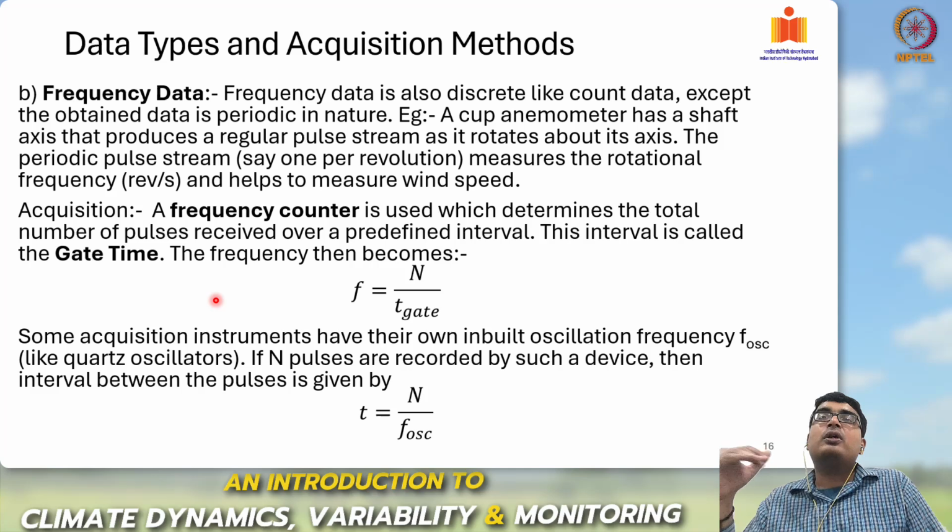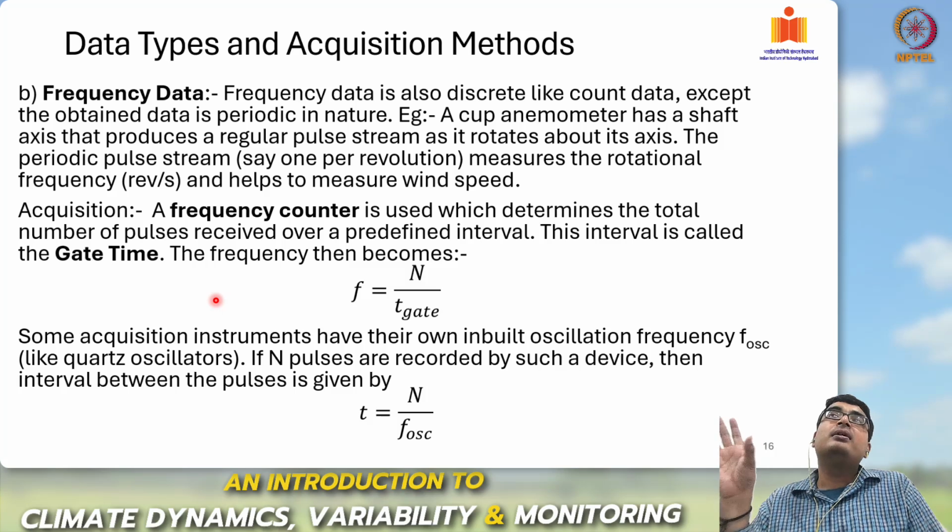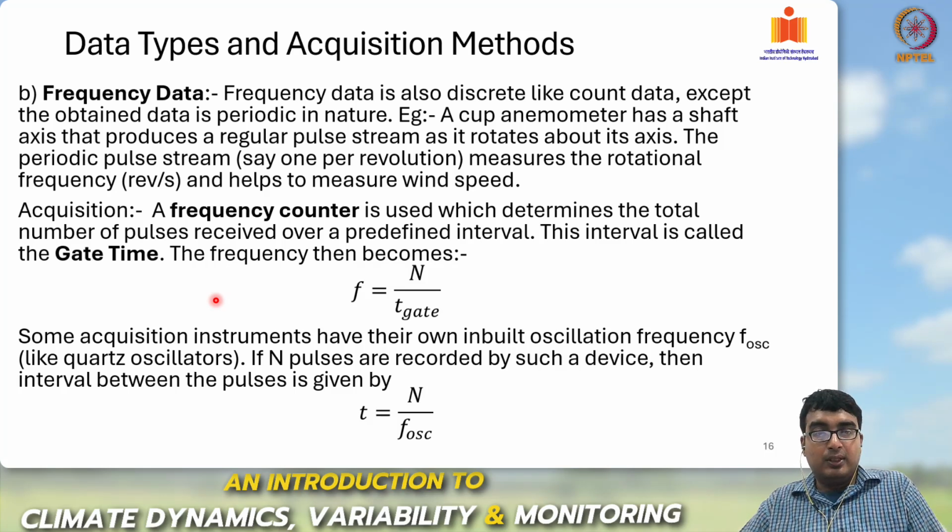So if we have say 18 pulses obtained per second, then it's 18 by 3, 6 revolutions per second the shaft has undergone, and that is the angular velocity of the shaft. This predefined interval is called a gate time, which we have taken as 1 second in my example.